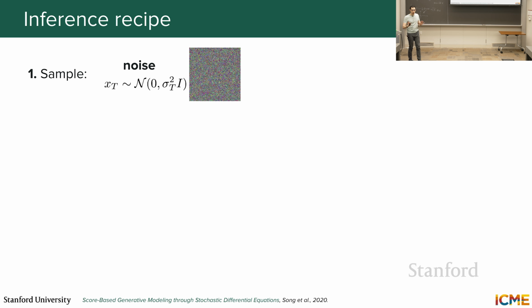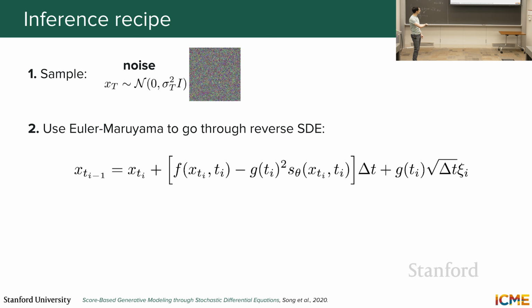And we're just going to conclude with how you would do inference. To do inference, you just sample some noise. And then again, you leverage the nice results from the fact that you are handling SDEs, stochastic differential equations. So you, for instance, will use a solver called Euler-Maruyama that is able to numerically solve the reverse process.